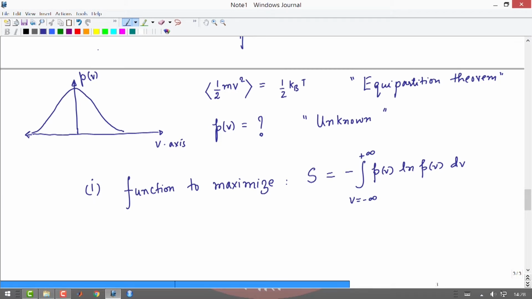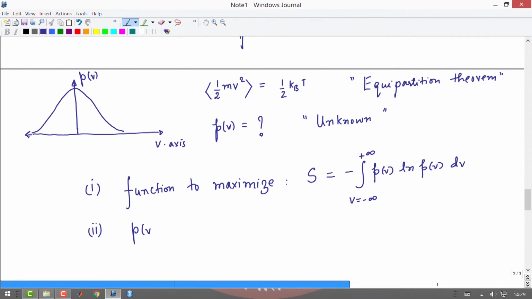So, now this is my entropy, the function that I am going to maximize. The second ingredient that I must take into consideration is the fact that the PDFs that I am chasing are normalized. Okay.